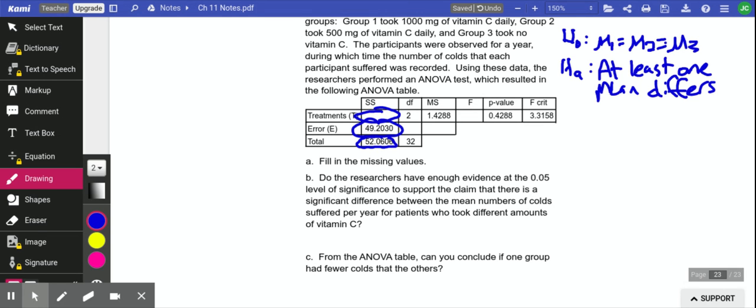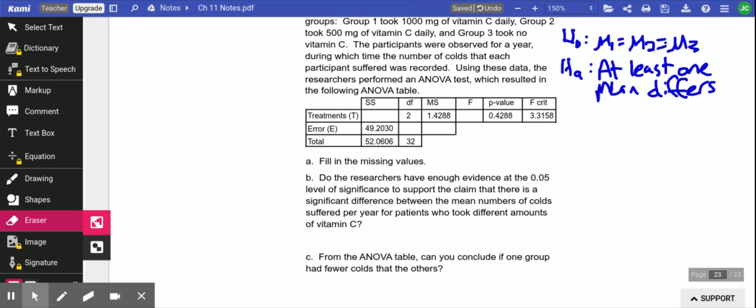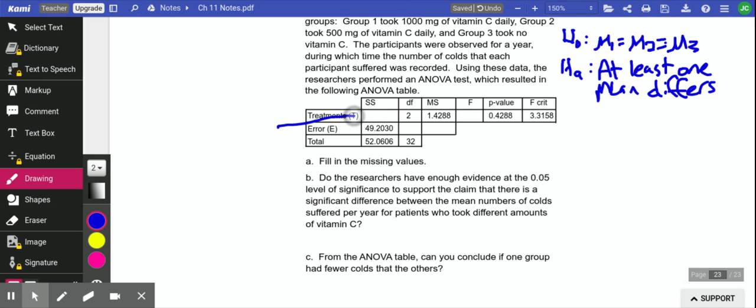To get this number, we're going to take 52.0606 minus 49.2030, and when we do that, we get 2.8576. That's what goes in that box. I can't fit it in there, so I'm not going to put it.